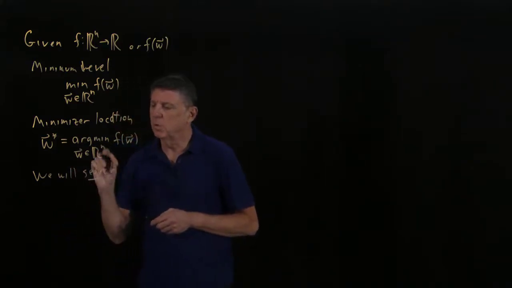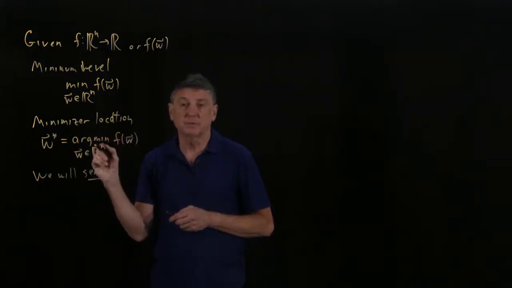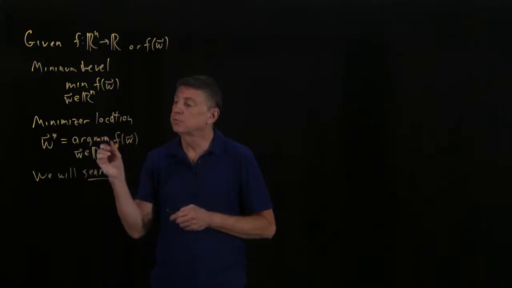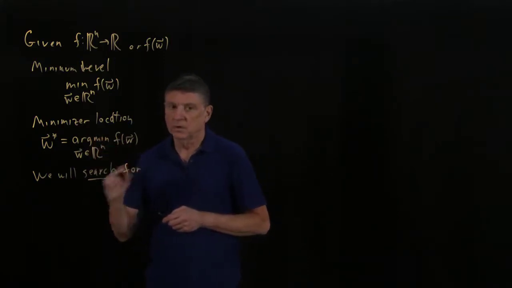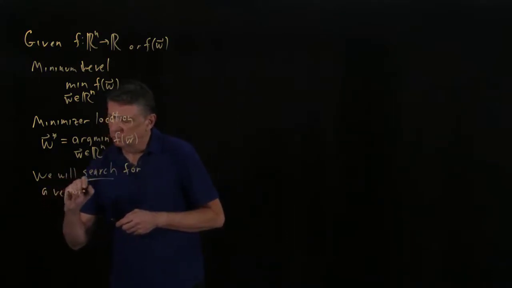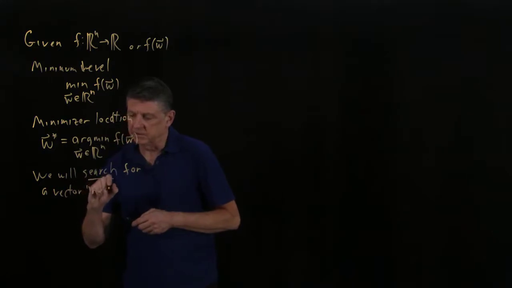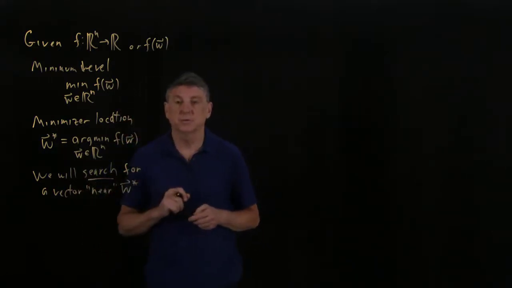So what we'll do is we will search. That is, we won't attempt to find an algebraic, or closed form solution, because in general these closed form solutions aren't available. So we'll search for a vector near the actual minimizer that we're after.